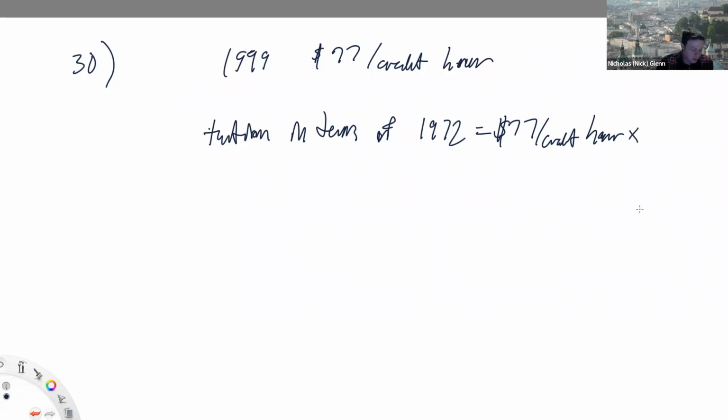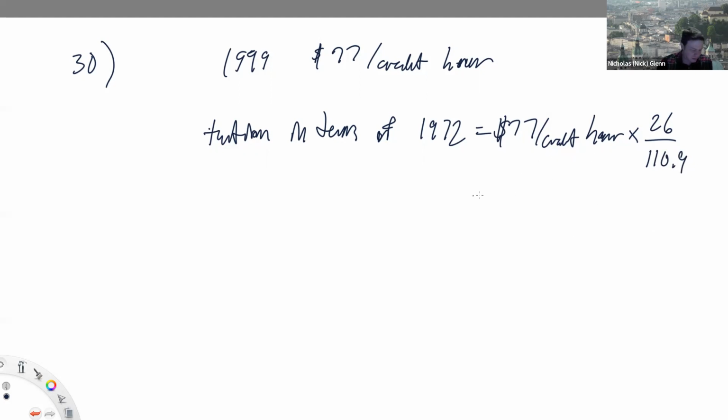On top you want the CPI from the year you want to correct it to, and the CPI in 72 was 26.1. What about the bottom? You want the CPI from the year you're looking at, and the $77 was from 1999, so that's 110.9.